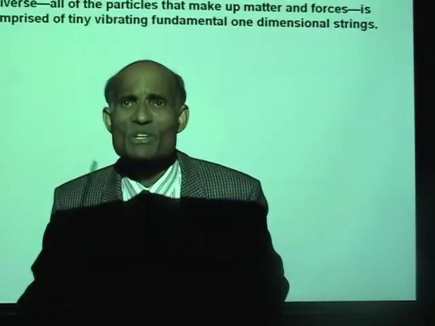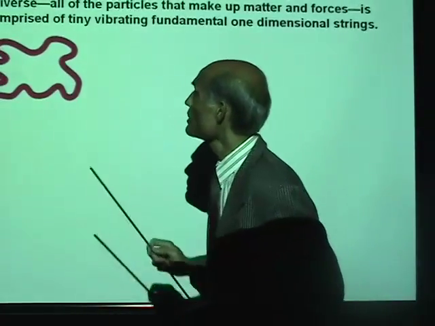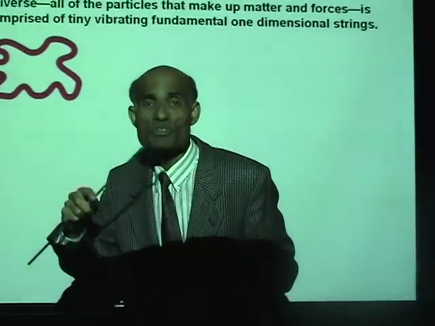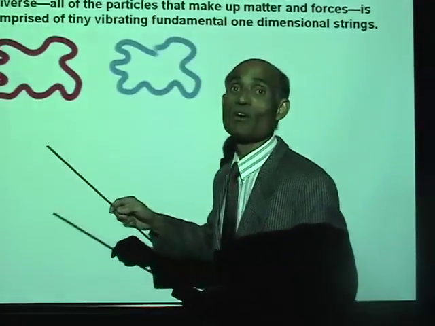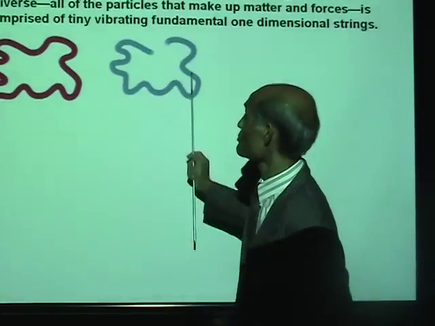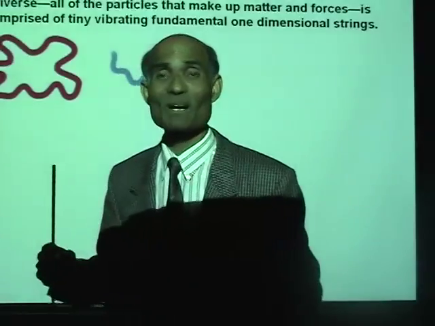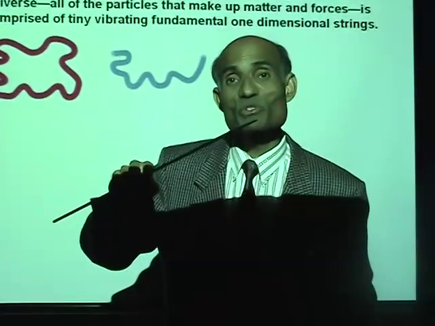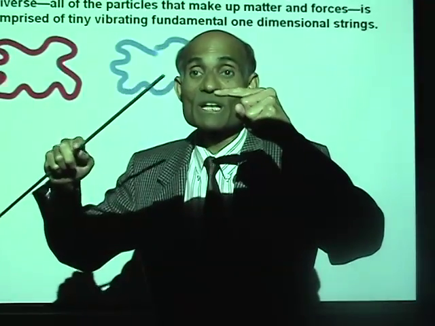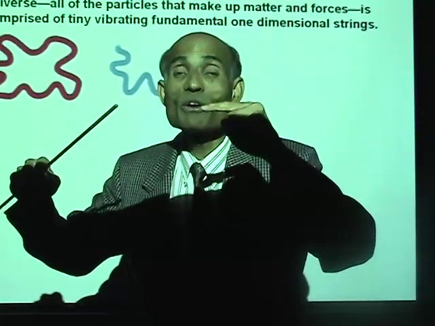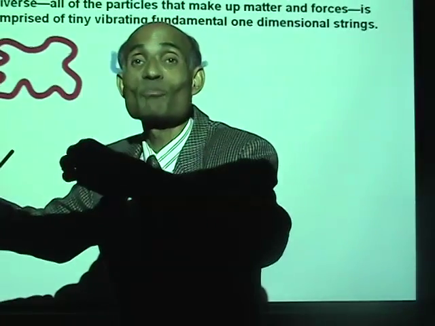fundamental one-dimensional strings. Now look at this. This is a one-dimensional string. A string can be a closed string or an open string. Now look at the different modes of vibration. Do you remember when we talked about the vibrations of the string? A string can vibrate in its fundamental mode, second mode, third mode, fourth mode.